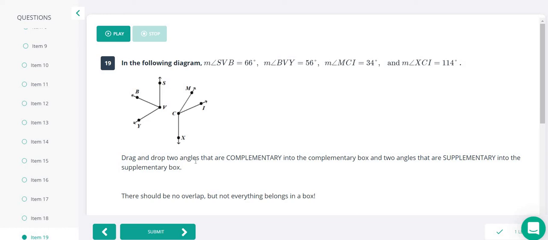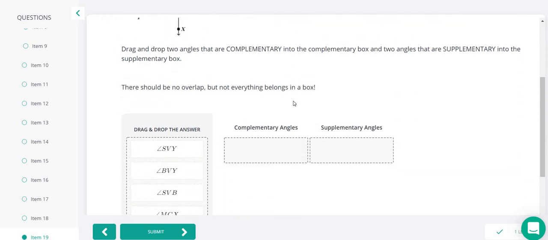Drag and drop two angles that are complementary into the complementary box and two angles that are supplementary into the supplementary box. Two angles that are complementary equal 90. Two angles that are supplementary equal 180. So which of these two together equal 90? That would be BVY and MCI. 56 and 34 equals 90.